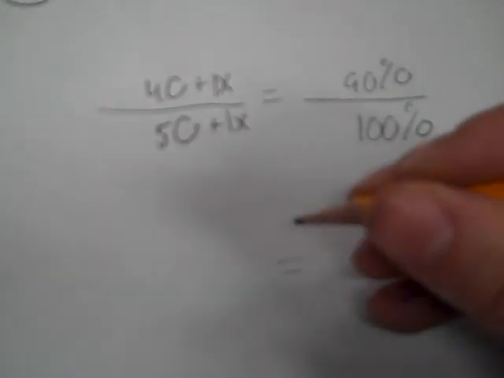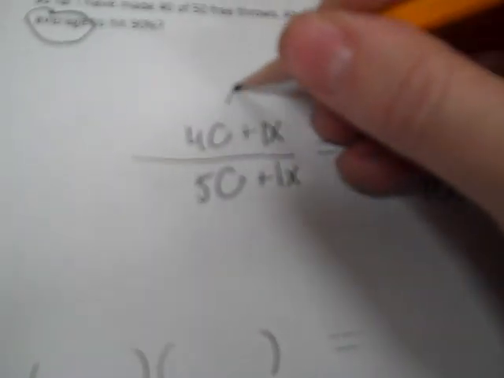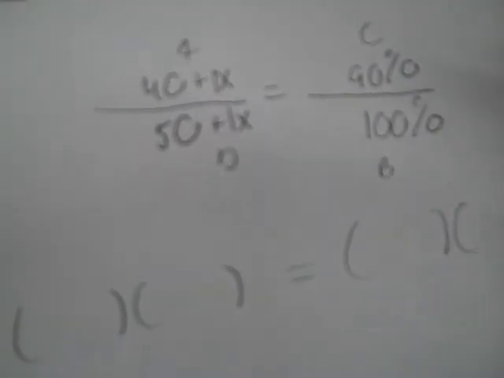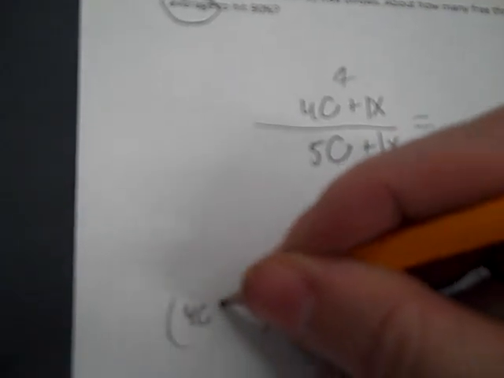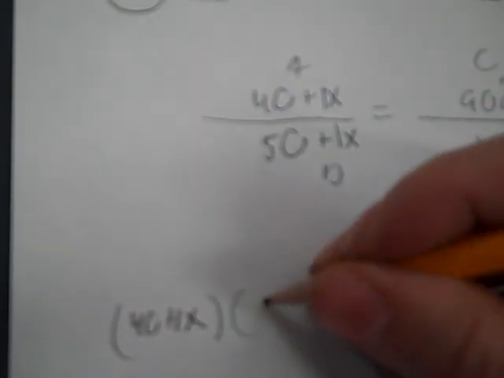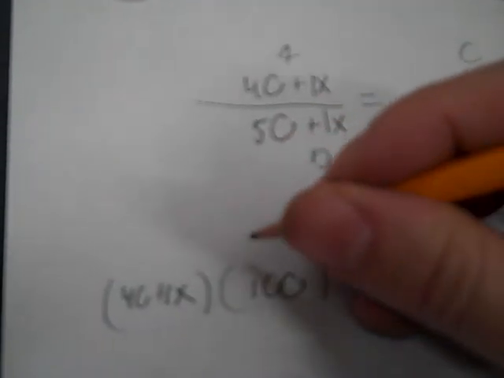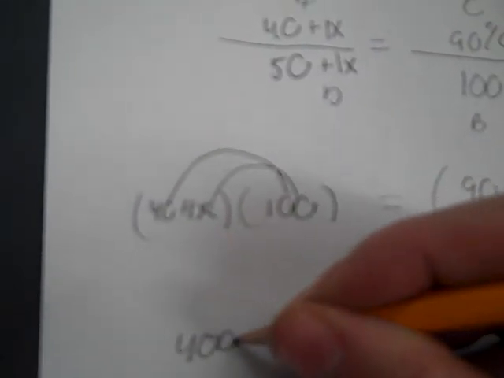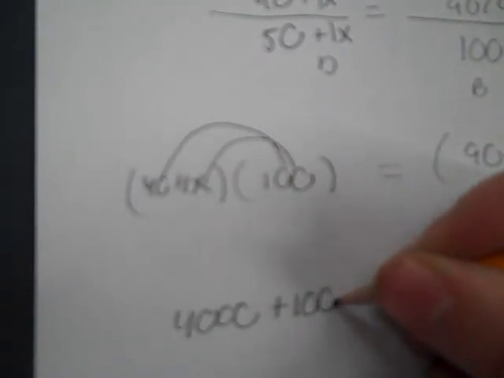Okay, so I'm going to put ones in front of these, and I just go to my ABCD procedure. So 40 plus 1x is going to be multiplied by 100, and then 90 is going to be multiplied by 50 plus 1x. Okay, so distribute 100 to both these, and that ends up being 4,000 plus 100x.